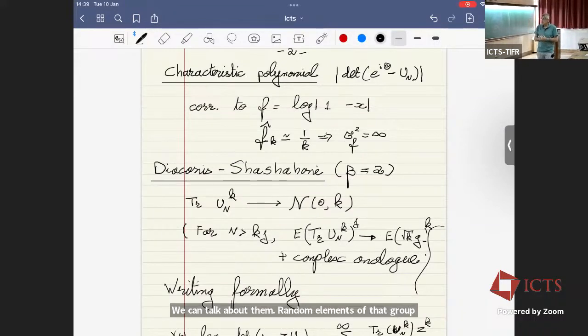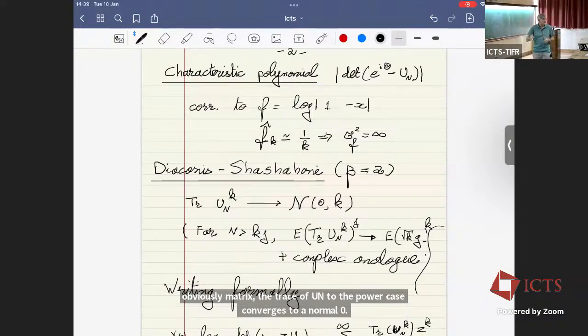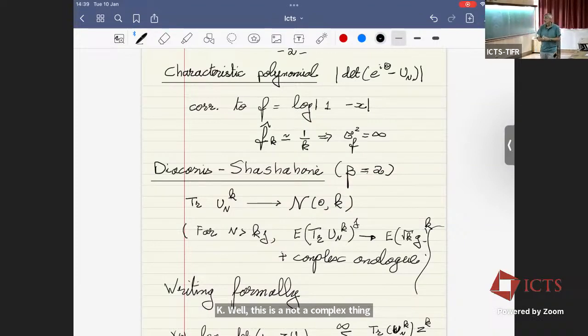And Diaconis and Shahshahani, using ideas of that type, I think in the late 80s, showed that if you look at the traces of this matrix, the trace of U_n to the power k converges to a normal N(0, k), where this is a complex normal. And in fact, what they proved is quite remarkable.